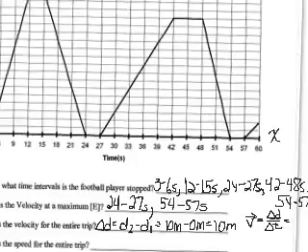So it equals the 10 meters that we just calculated over the 60 seconds that we know from the graph. 10 meters divided by 60, figure that out in your calculator, and you're going to get 0.17 meters per second.